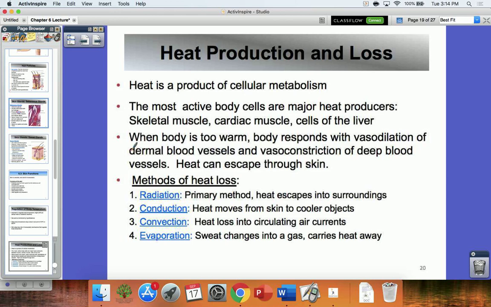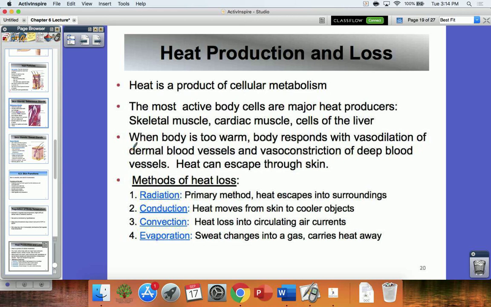And that is why we've all experienced it: you sit in a chair and say, "Oh my gosh, someone's been sitting in this chair and got it very, very warm," because the body heat from that person has escaped their body and gotten into a cooler object. And then convection is just the currents of air circulating, or heat circulating in the air itself.